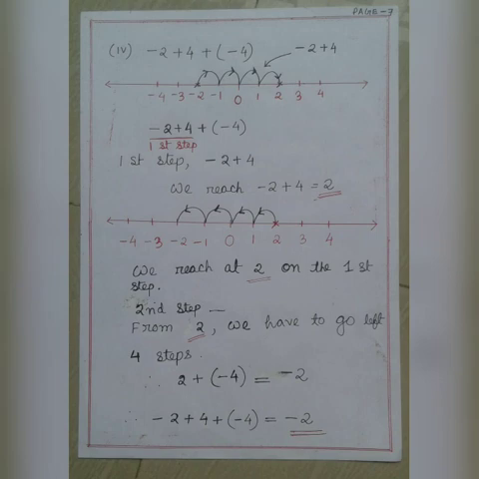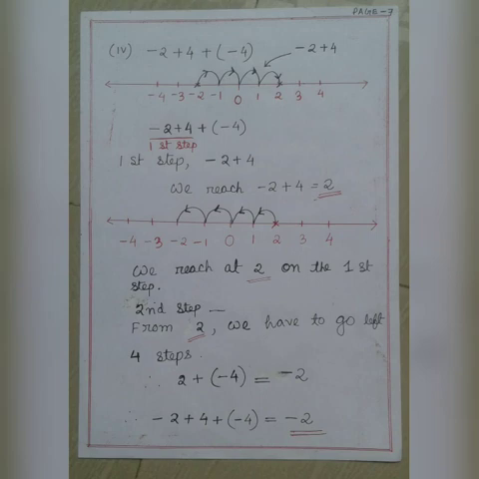In number 4, I have to consider 3 integers, minus 2 plus 4 plus minus 4. So minus 2 plus 4 is the first step. Then the result of this first step I shall add to minus 4. I have drawn the number line.